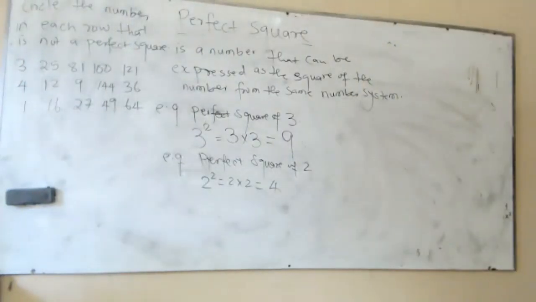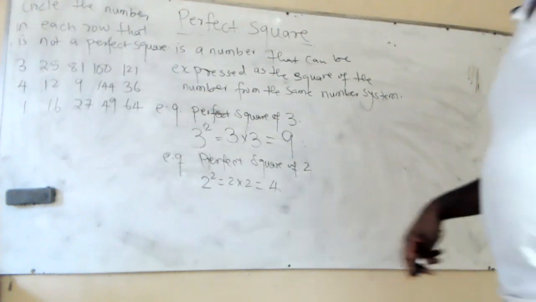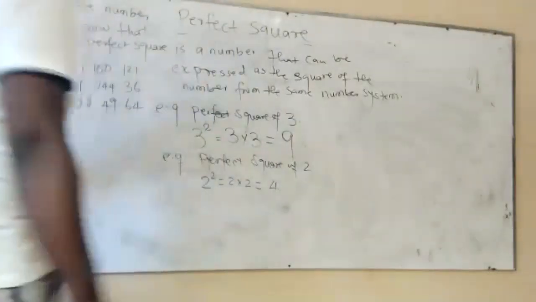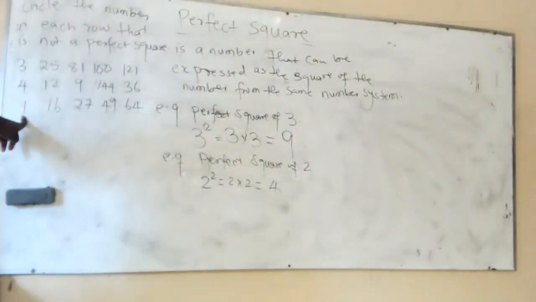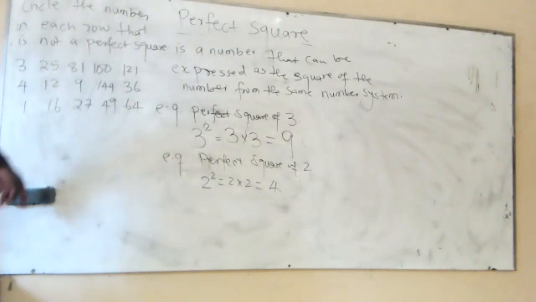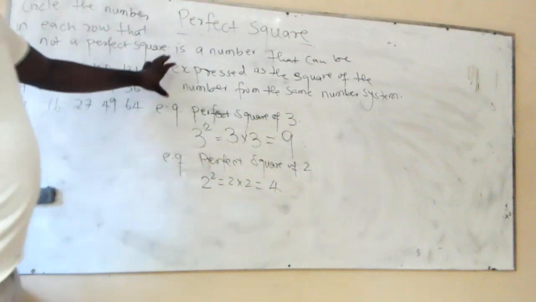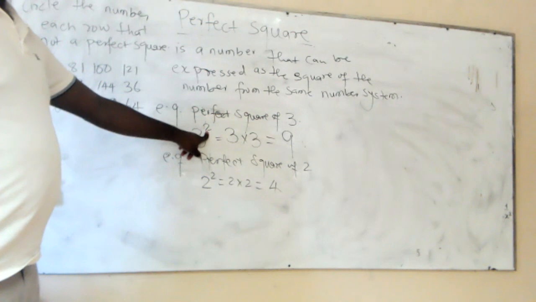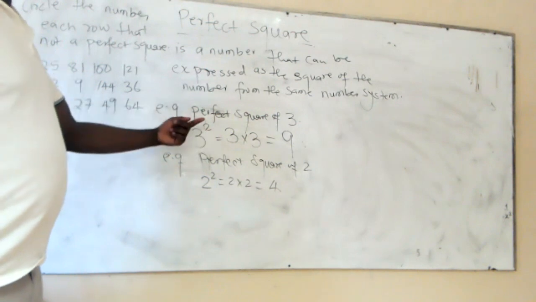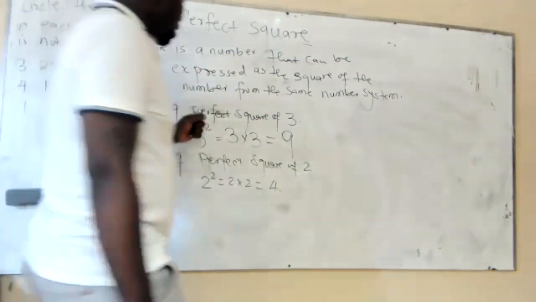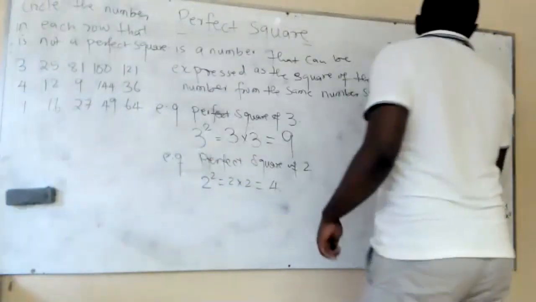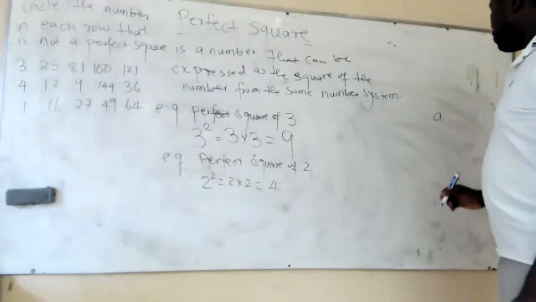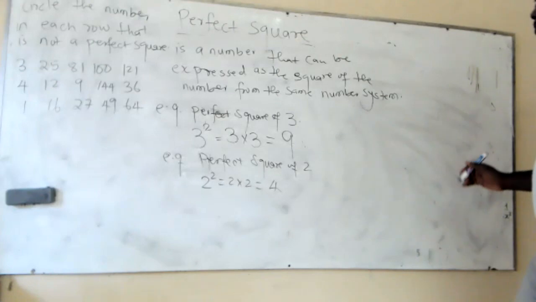Is that a 1 next to 16? Yes, this is the one. The first one is 1. And how do we know that it's a perfect square? Let me use a different number.